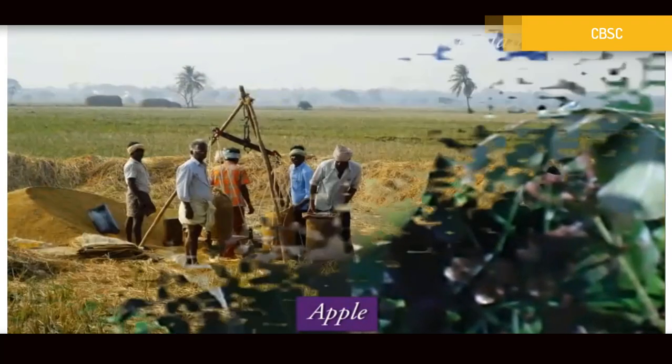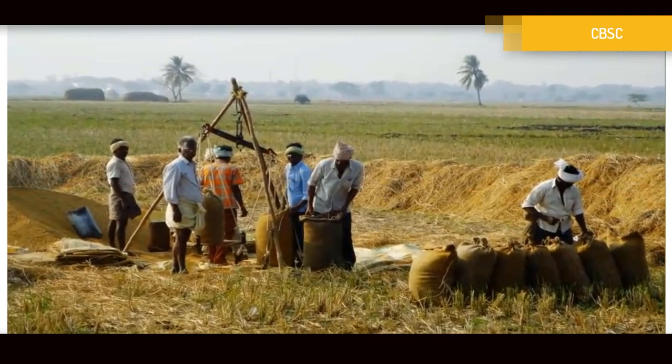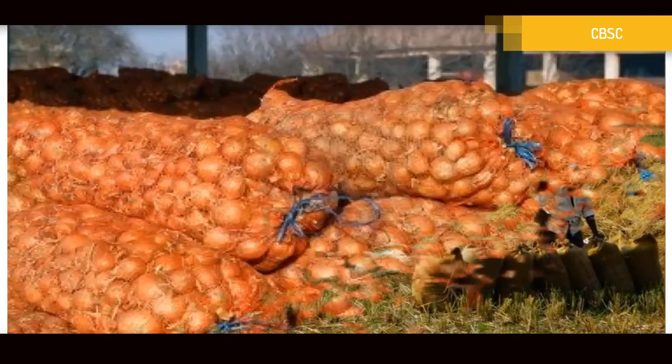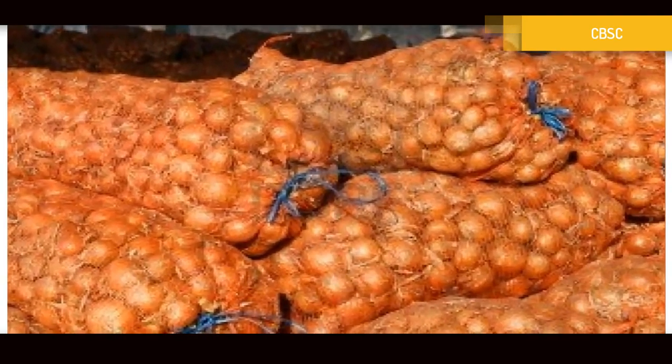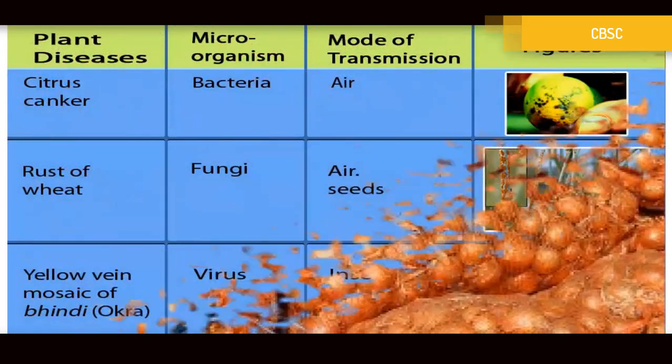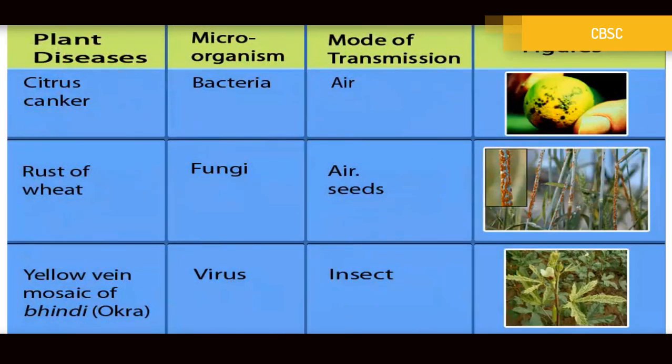The diseases reduce the yield of crops. This table shows some such plant diseases. They can be controlled by the use of certain chemicals which kill the microbes.